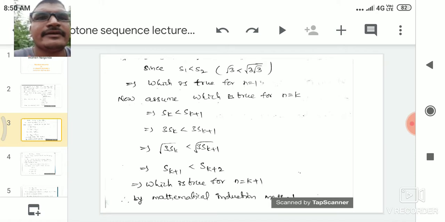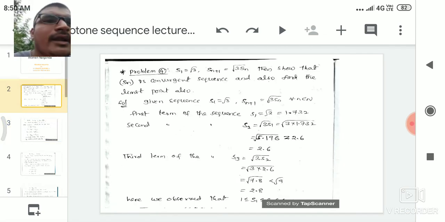Why? Because S1 is root 3, that is 1.732, and S2 is 2.6. So clearly 1.732 is less than 2.6.